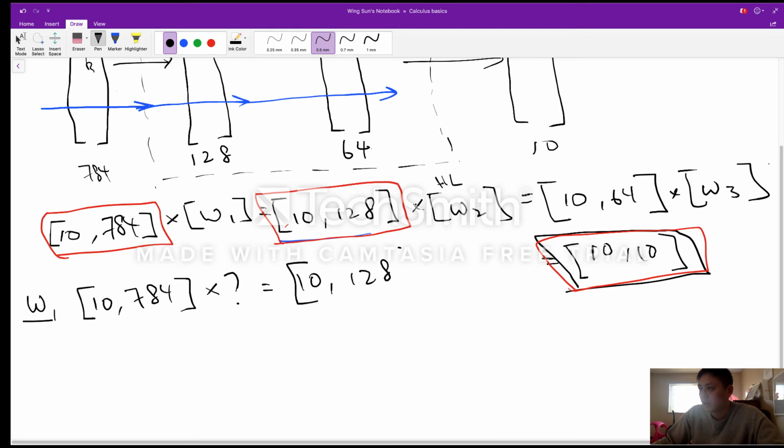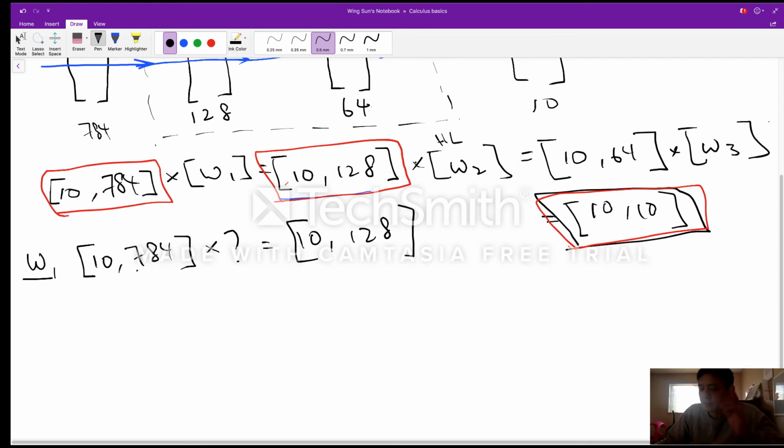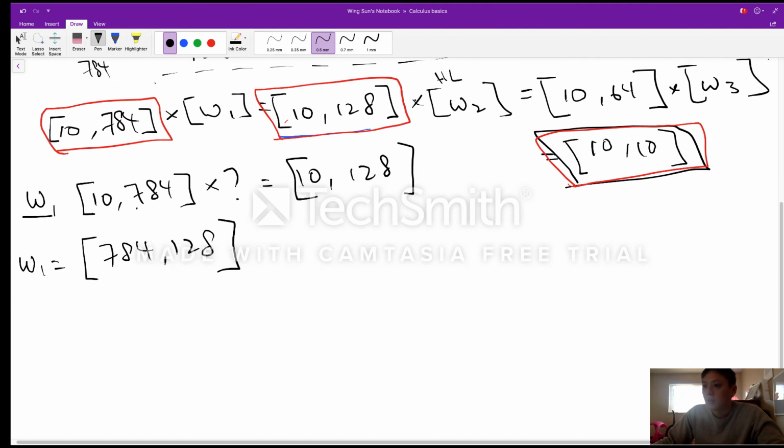If you recall, for any multiplication, the columns of the first matrix have to equal the rows of the second matrix. Given that, we can deduce that W1 is 784 comma 128.